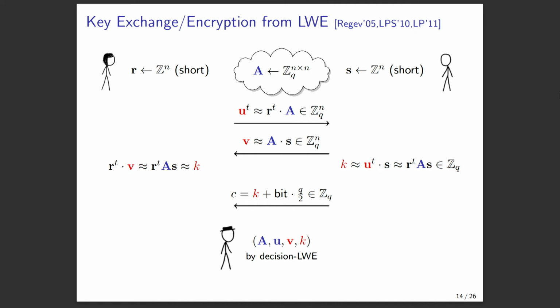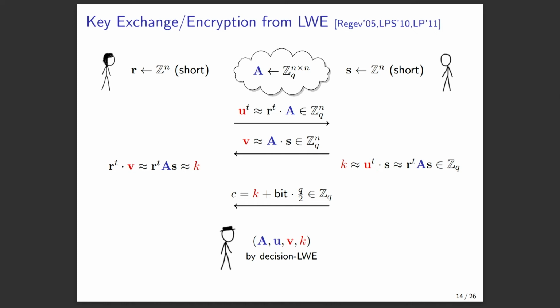And then step two is let's observe now this V and this K. What do we know about V? It also is random: A times an LWE secret plus noise. And K is also random: U times LWE secret plus noise. So together, these are basically like n plus 1 LWE samples.